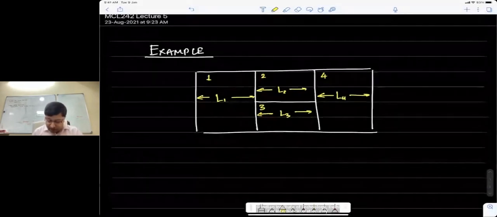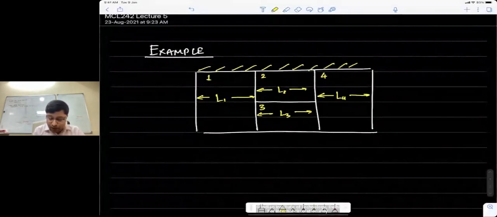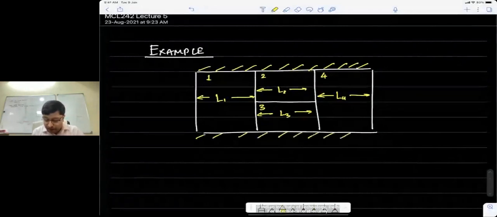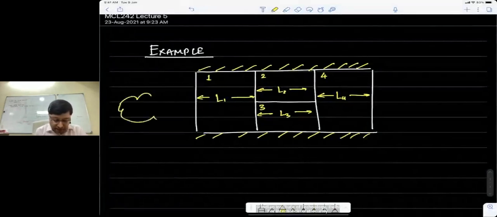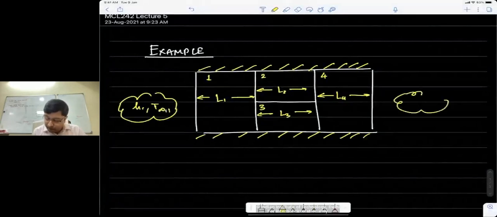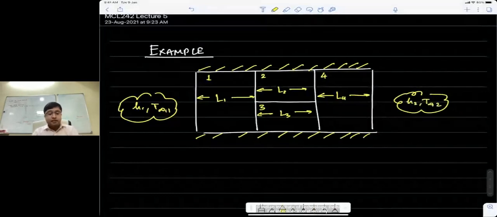This composite is actually insulated on two ends. So this is an insulated wall, which means there is no heat transfer from that surface. It's an adiabat. And then we have two fluids which can exchange heat with this composite.